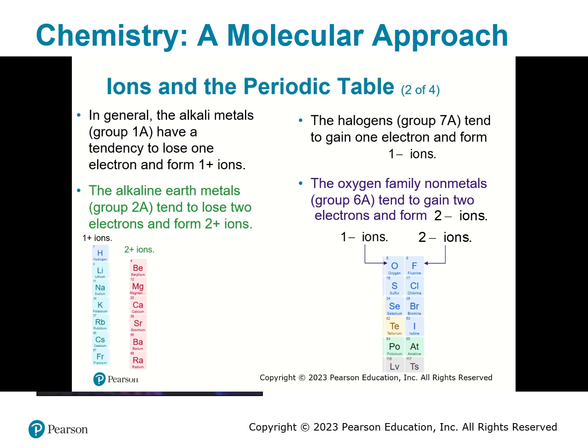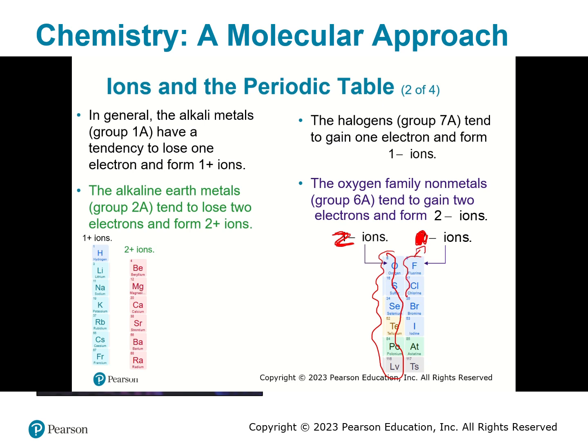So we have -1. Here is -2, and here is -1. Group 16 will tend to gain 2 electrons, and group 17 will tend to gain 1 electron.